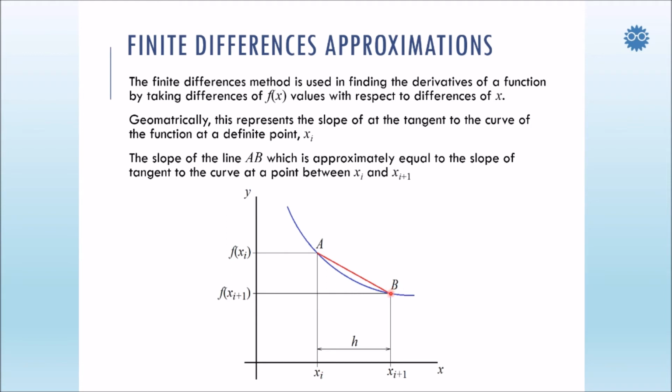That means if this point B approaches A, for example, if B is located here, where I show the pointer, the slope of the line will be equal to the tangent at the point A. So in this case, the smaller the value of h, the more accuracy we can get by the finite differences method.